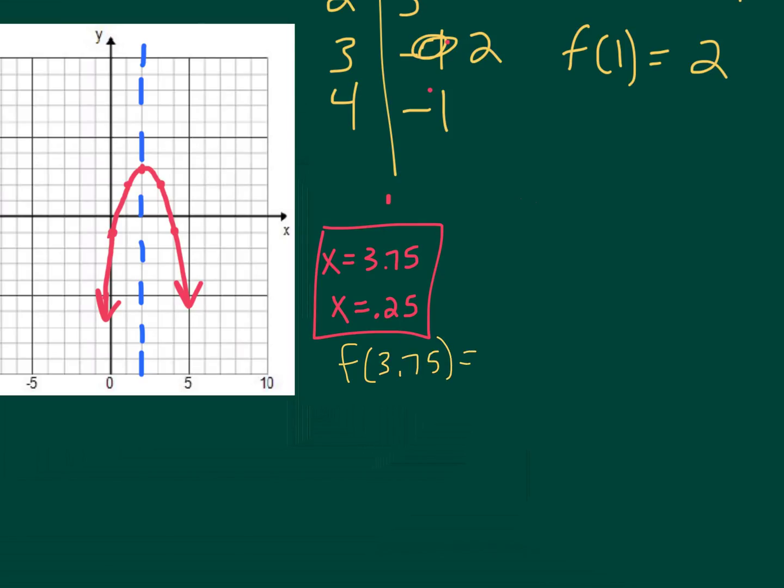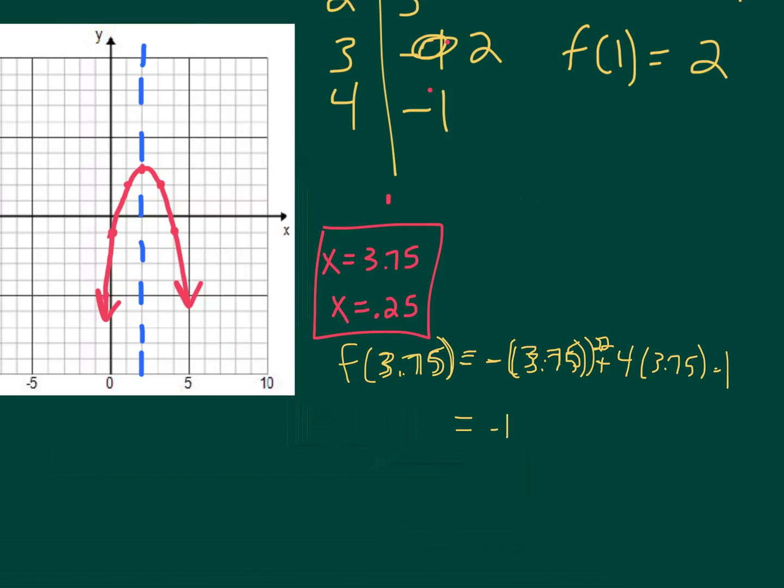We're going to plug it into that original equation here, which was negative x squared, so negative 3.75 squared, plus 4 times 3.75, minus 1. So you'll just need to grab your calculator to do this.